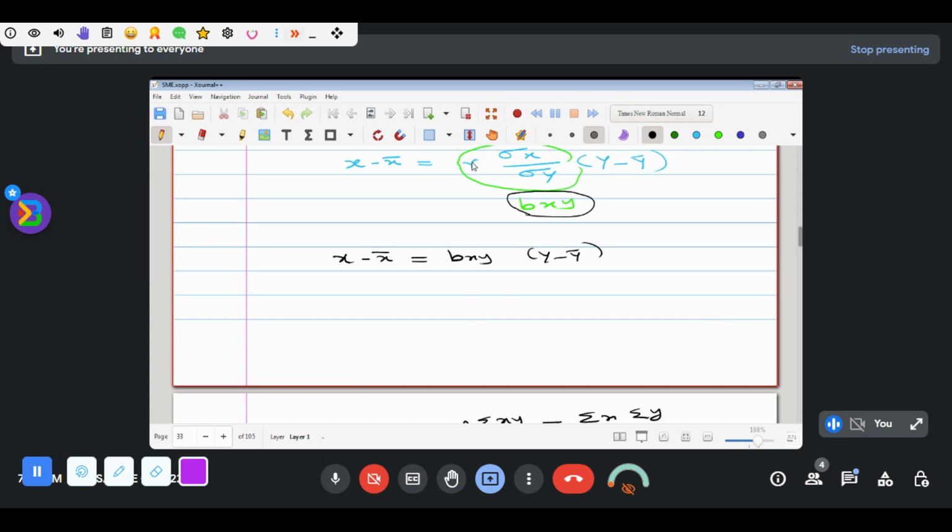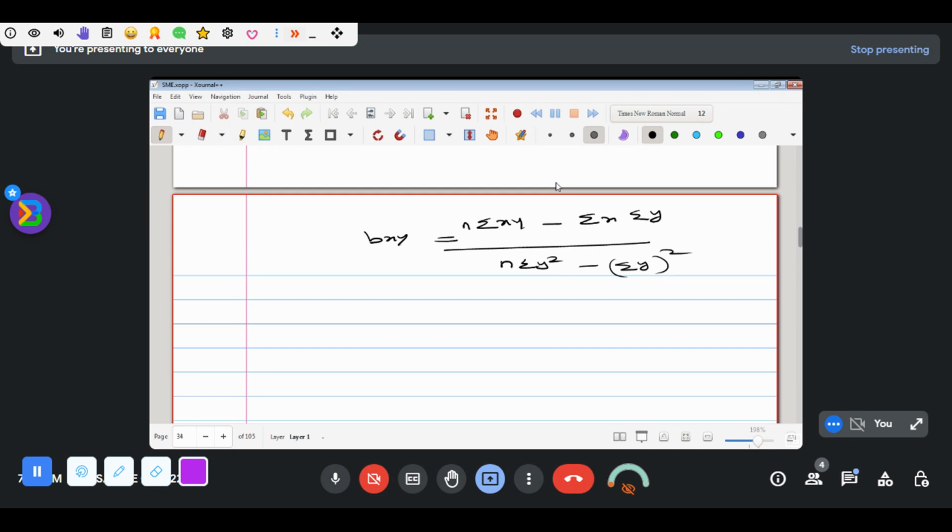Another formula is r into sigma x divided by sigma y. So in total there are two formulas, one is this and another is this. This is very important for calculation purposes.